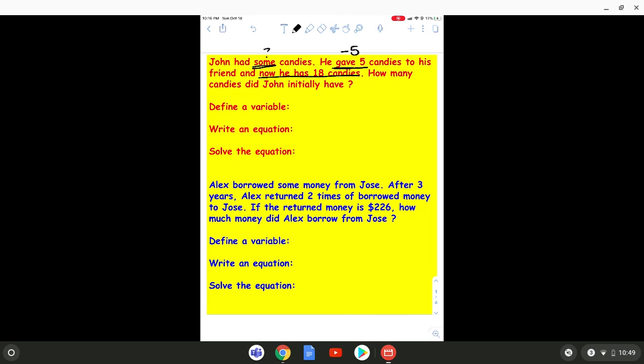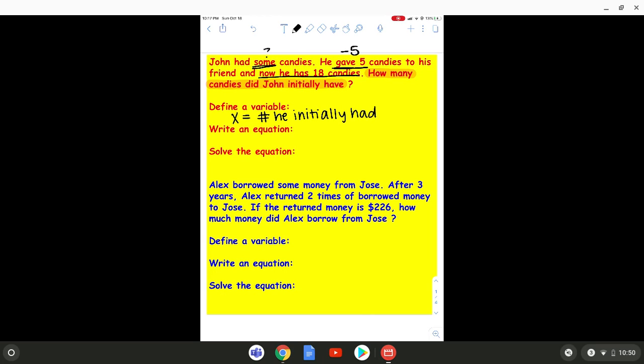And then I'm going to highlight that last question, how many candies did John initially have? Because that's ultimately what I'm trying to figure out. So where it says to define a variable down here, that's basically what I did by highlighting that last part of the question. So here x is going to represent the number that he started with, because that's what we don't know, right? That's why it's asking us to find that.